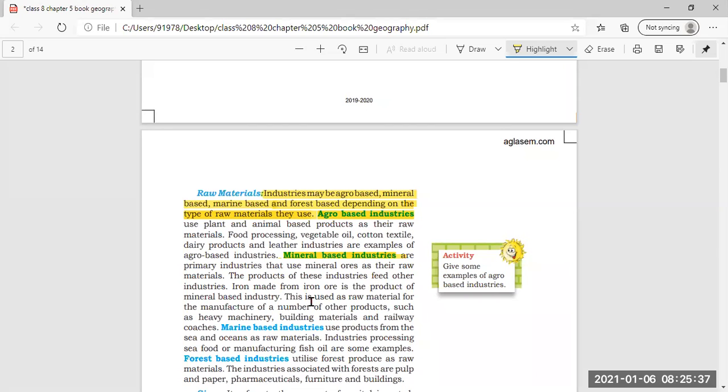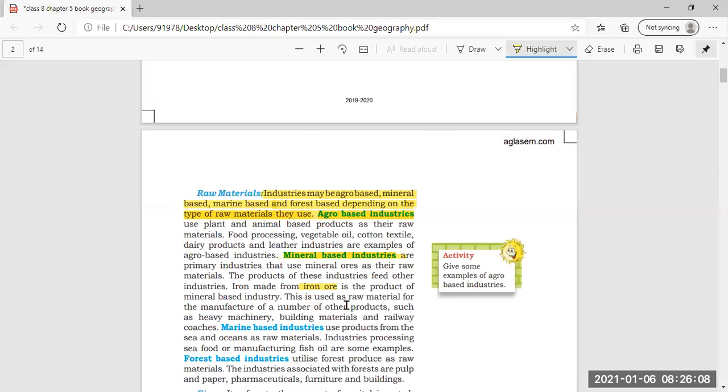The products of these industries feed other industries. Iron made from iron ore is the product of mineral based industries. Iron ore is the raw material, and the finished product we get is iron, and from iron we make different types of other products also.